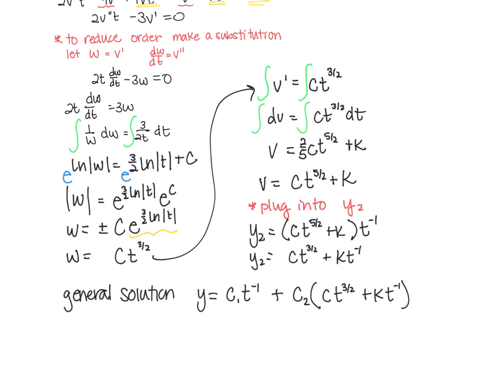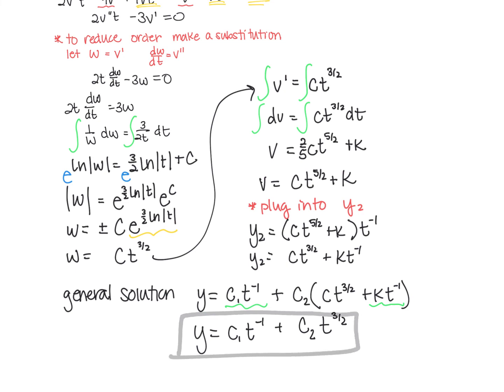This is a constant times t raised to the negative 1. This is a constant times t raised to the negative 1. Those are like terms. So really what I have is some constant times t raised to the negative 1 plus some constant, we'll call it c2, times t raised to the 3/2. And this is my general solution.